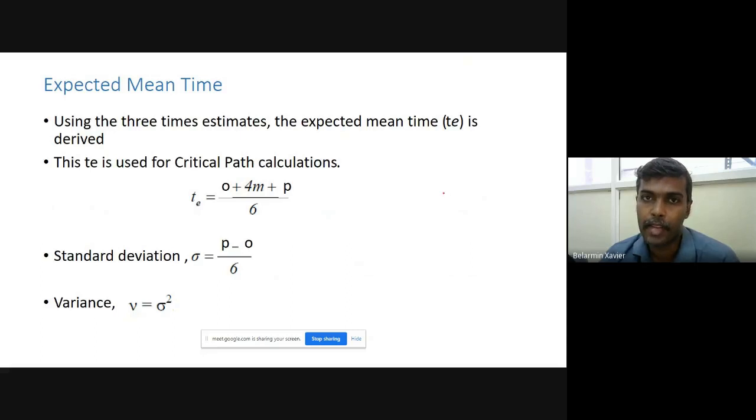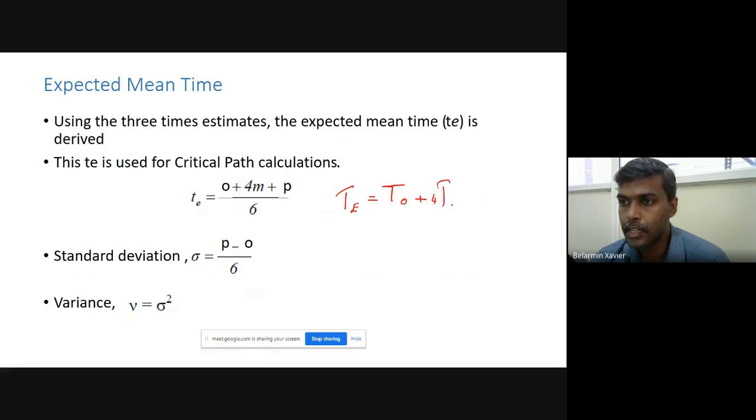So expected mean time. We know that estimated time TE is equal to optimistic time plus 4 times most likely time plus pessimistic time, the whole divided by 6.